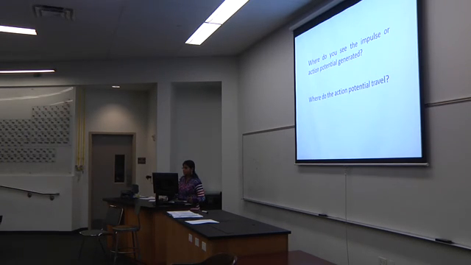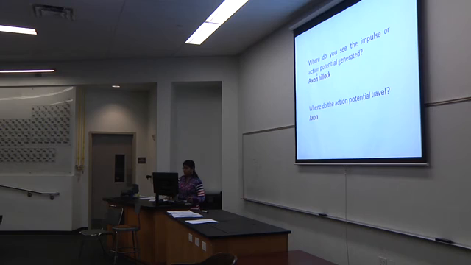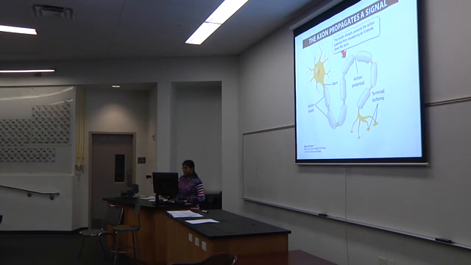Got it? So this is the axon hillock. Going back, the axon hillock is right over here. It's a part of the soma, but it's where the action potential is generated, and then it travels down the axon.